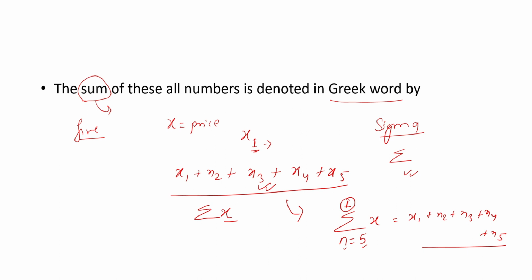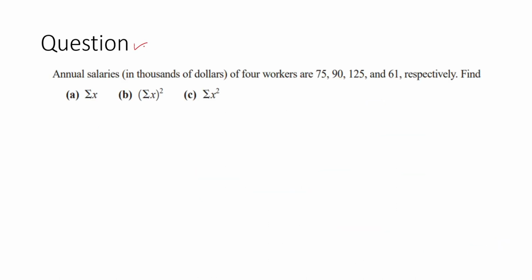Okay, now let's understand these questions. Here are the annual salaries, given in thousands of dollars, of 4 workers: 75, 90, 125 and 61 respectively, and we are asked to find sigma x.